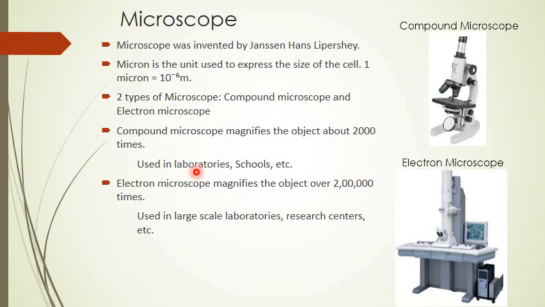The compound microscope is used in laboratories, schools, colleges, hospitals, etc. Whereas the electron microscope is used in large scale laboratories and research centers by scientists to do research, because it gives inner details, and inner things can be studied under the electron microscope, as it gives a 2 lakh times larger view of the object.